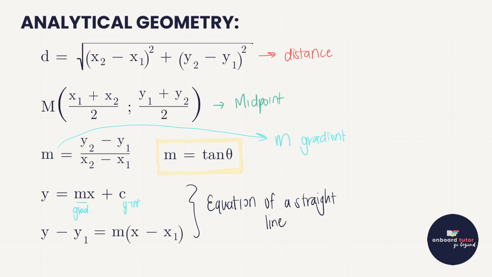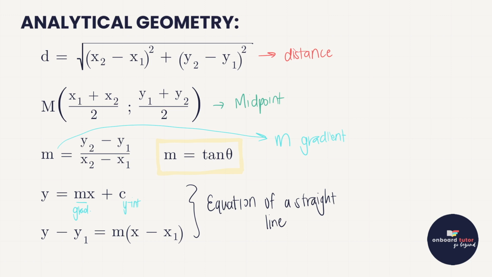But there is this other equation. If you have the gradient and you're given one other point, you can substitute: a plain old y, then you substitute in the y-coordinate from the point you've got, and then you substitute in your gradient, you leave x, and you substitute in the x-coordinate of your point. And then if you put it in the standard form, you'll also end up with a y equals mx plus c. So it's entirely up to you which formula you use there.